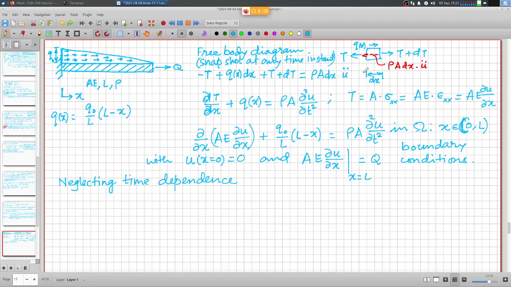So these are the forces, these are the components that are acting. Now the value of these components may keep changing with time, right? So T will be some value at time t1, it will have some other value at time t2. Q can have some value at time t1, it will have some other value at time t2.